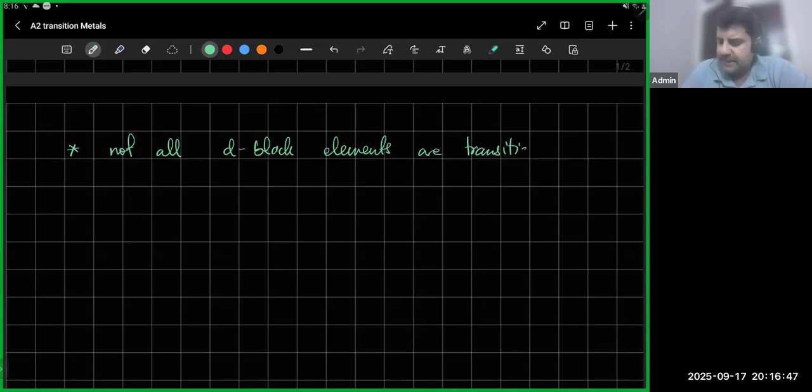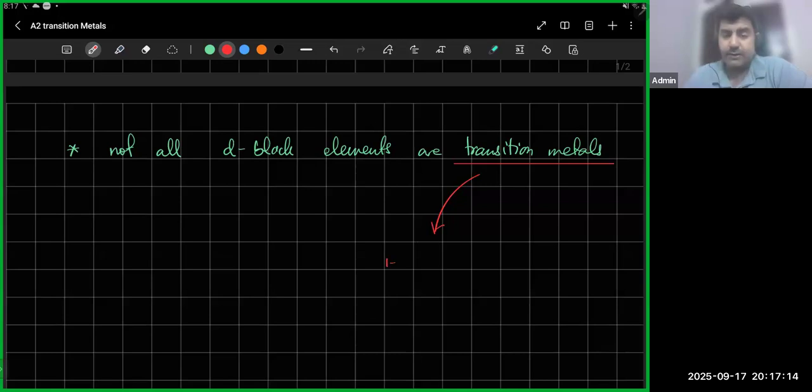Transition metals is a set of properties. If they exist, then it's classified as a transition metal. For example, zinc. Zinc is not a transition metal. So what's a transition metal? It's a few properties, and if the element exhibits any of those properties, you can classify it as a transition metal. So what are those properties?